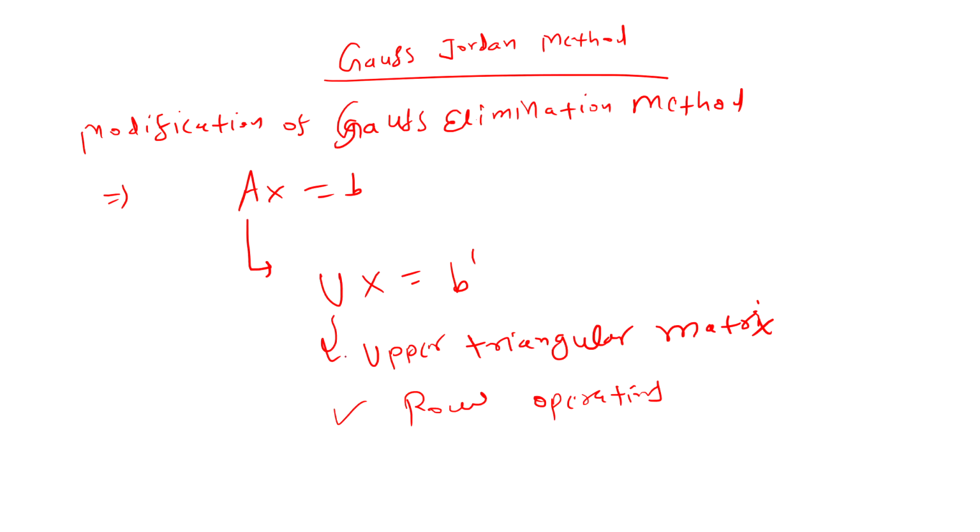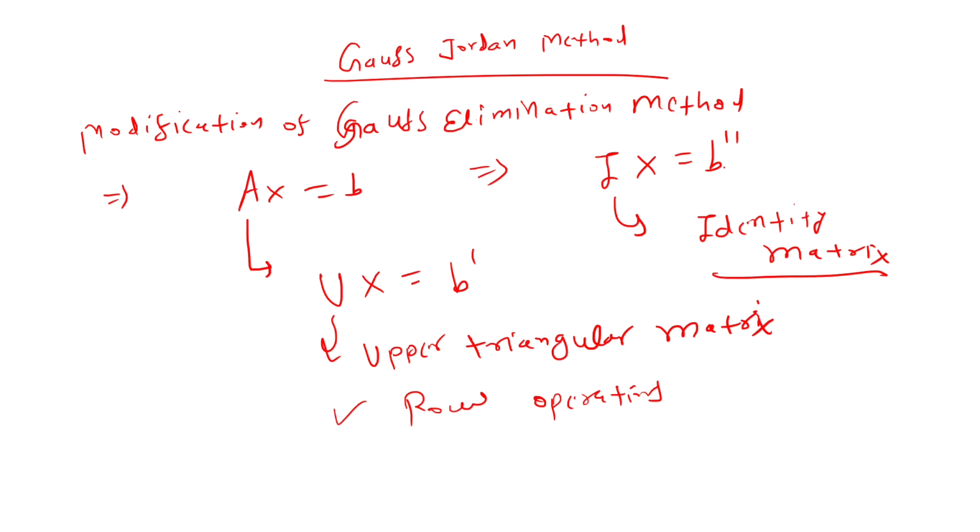Now in this Gauss Jordan method, matrix A will be converted into Ix = b double prime, where I is nothing but the identity matrix. This is an identity matrix, so that we can directly solve x = b double prime.